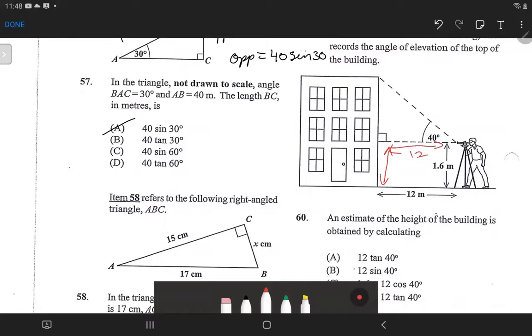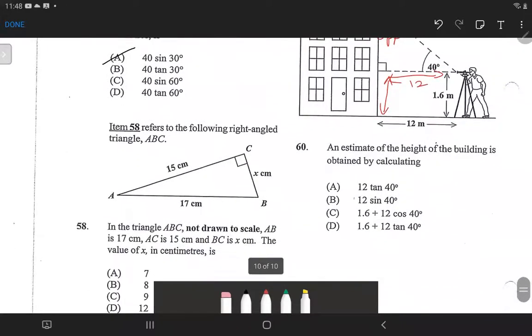So you need to find the opposite, but you have the adjacent. So you have to start thinking tan, because tan is opposite over adjacent. So you have 1.6 plus 12 tan 40. So that happens to be D.